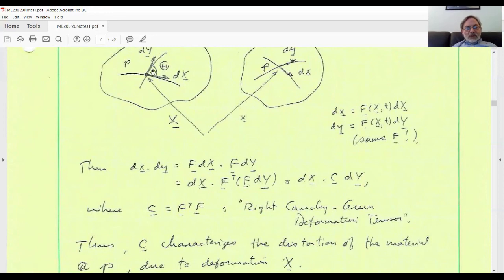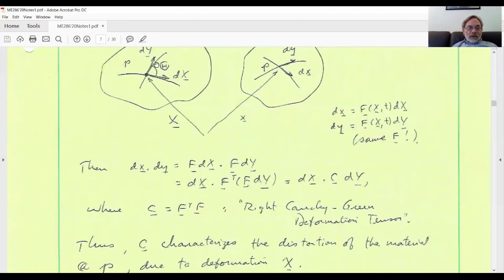For example, if we take the two curves to be the same curve, so collapse this curve onto this one, and therefore this curve onto this one, then dy becomes dx, and we have the squared length of dx. We can compute that from C by taking d capital Y to be d capital X. So we can compute the lengths of material curves in the neighborhood of the material point P, and we can also compute the angle.